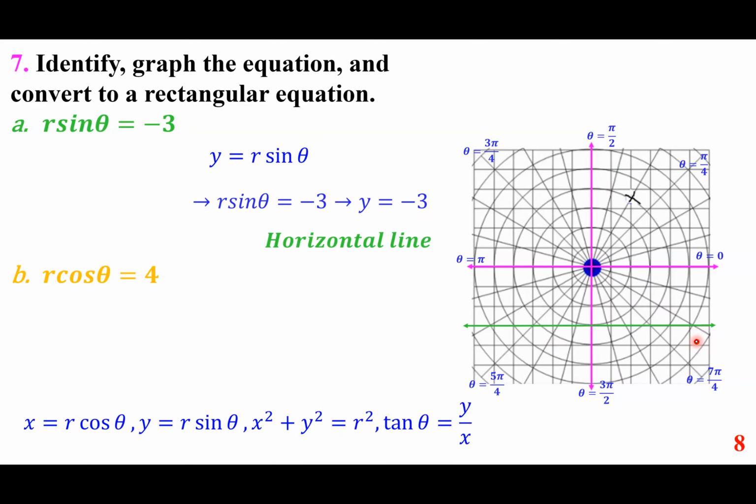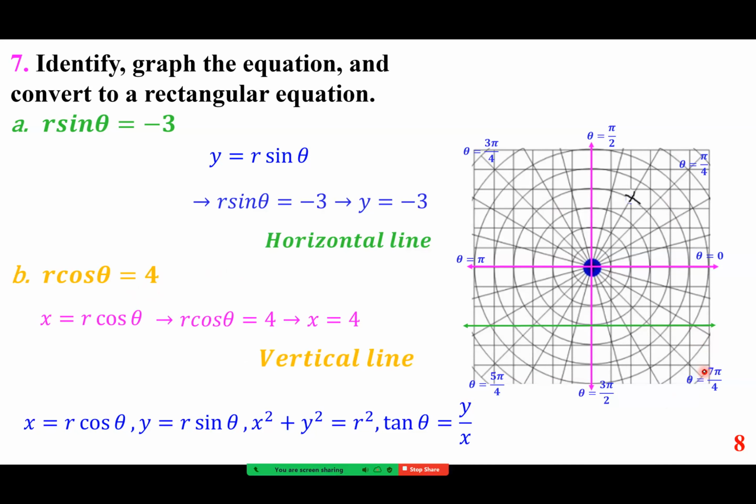It's a horizontal line. r cosine theta equals 4. You know, r cosine theta is x, and therefore x equals 4. And x equals 4 is a vertical line because it's 4, 1, 2, 3, 4. It's a vertical line.